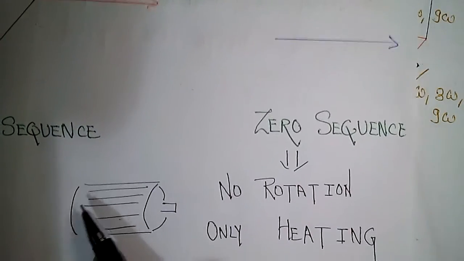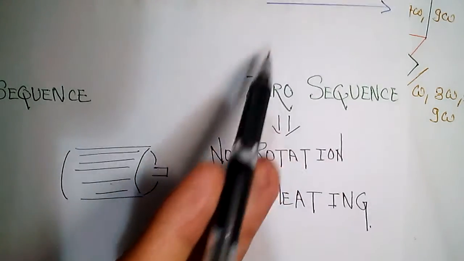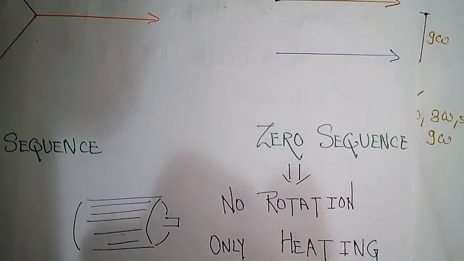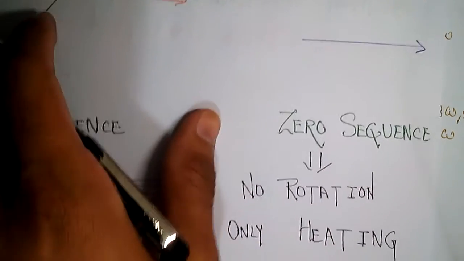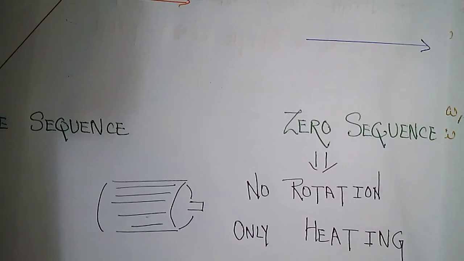What will be the effect of the zero sequence? If I'm talking about any rotating machine, there will be no rotation caused by this zero sequence current or voltage, only heating in the return line. So I think I have understood that my third harmonics will not be useful for rotating any machine.